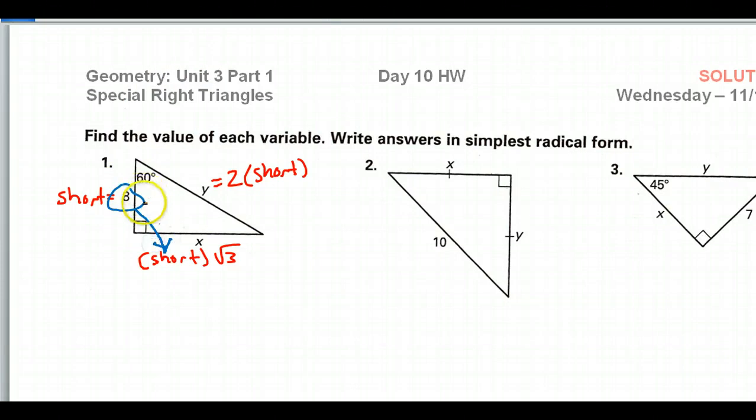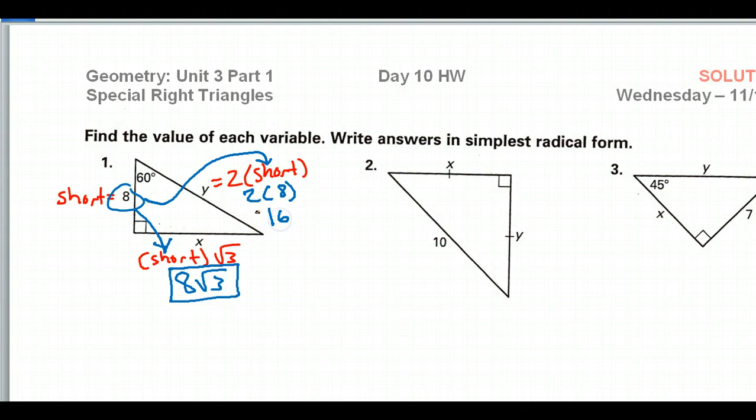So we already know the short leg, so we'll put that here and we'll put this here. So this is going to be, of course, 8 radical 3, and this is going to be, well, 2 times 8, which is 16.